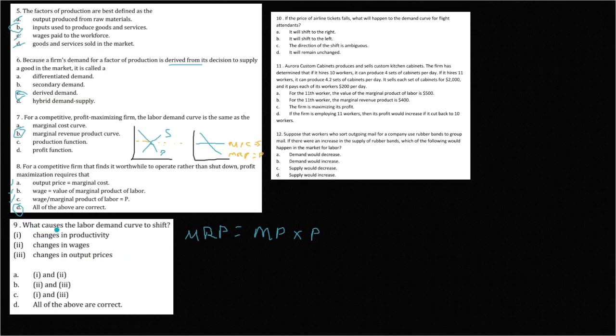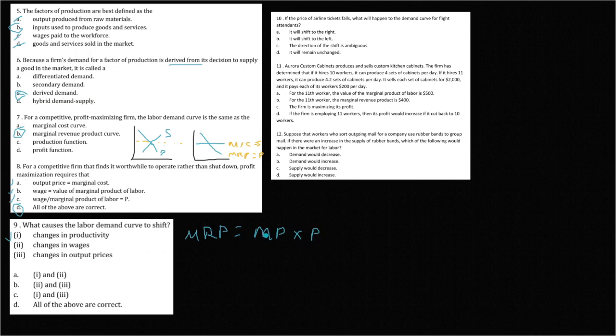So the change in productivity will change the marginal product. If each person makes more things, then they will be more productive. The marginal product for each person will increase. So this is a true statement.